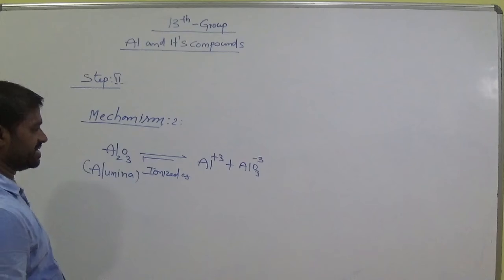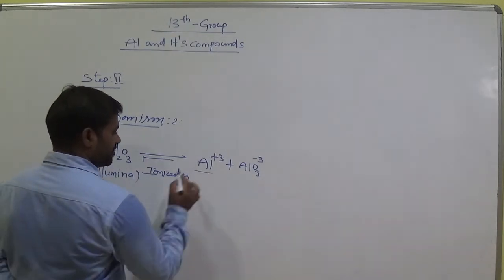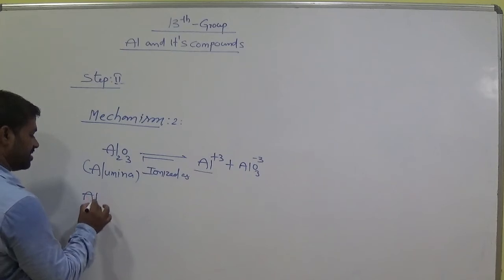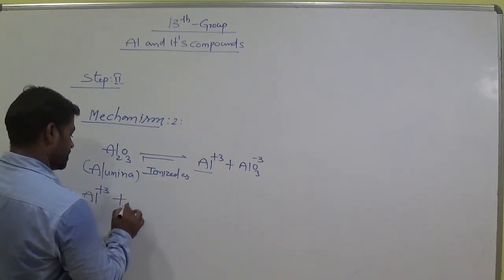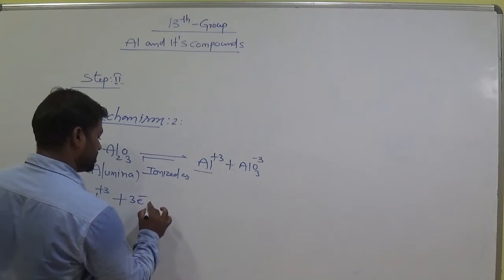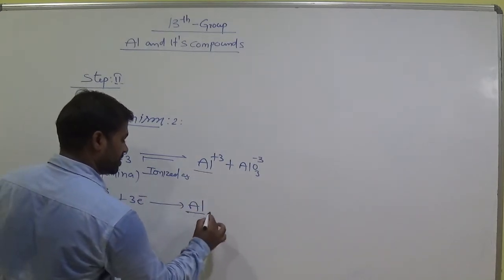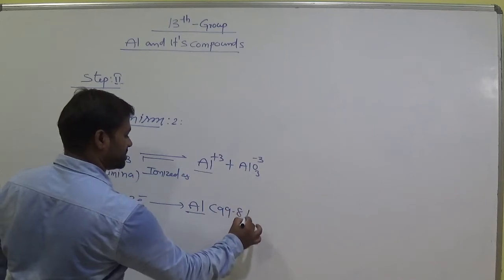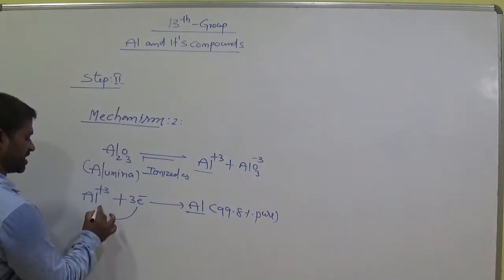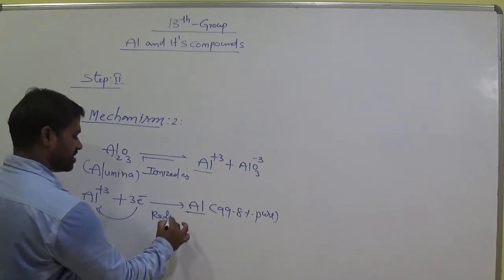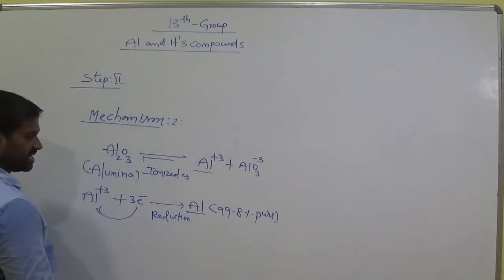Okay, clear? This Al plus 3 gains 3 electrons. It produces Al, aluminium. So this is 99.8% pure. At the cathode, gaining of electron is called reduction.